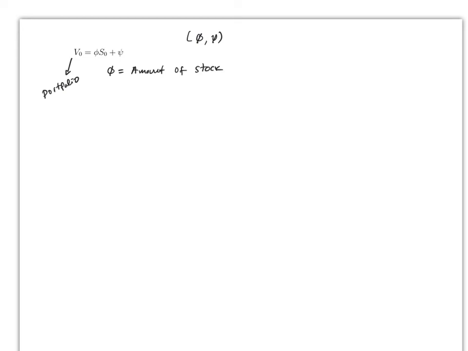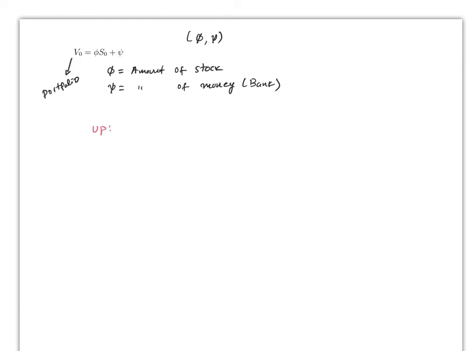Okay, so you don't have to have a whole number, it could be a fraction. And psi will be the amount of money that you have in the bank, which is getting interest. Now in our model, there's only two things that can happen.